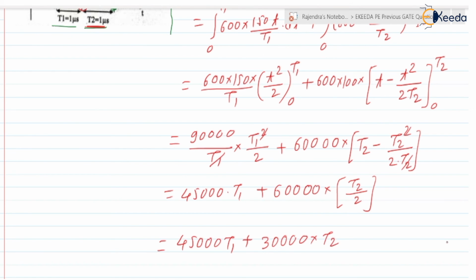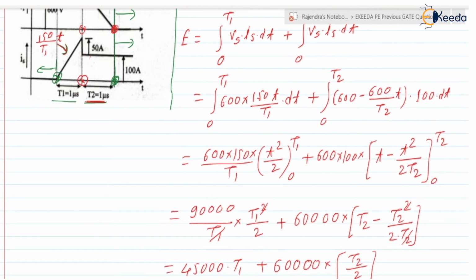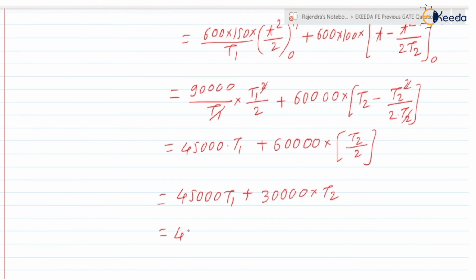But what is t1? They have given that t1 is equal to 1 microsecond, and t2 is also equal to 1 microsecond. So you can put t1 as 1 microsecond: 45,000 into 1 into 10 to the power minus 6 plus 30,000 into 1 into 10 to the power minus 6.